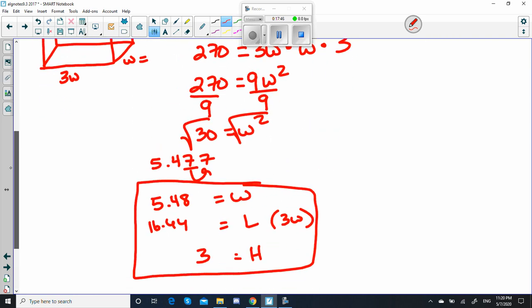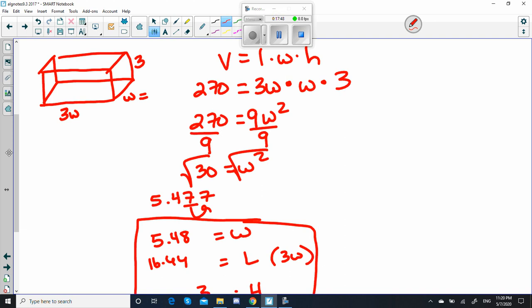Okay, now I could leave the answer as radical 30 instead of taking the square root and getting 5.48. If I did that, because there's no perfect square in 30, think about it: 1 times 30, 2 times 15, 3 times 10, 5 times 6. There's no 4 times anything, no 9 times anything, no 16 times anything that will give us 30.